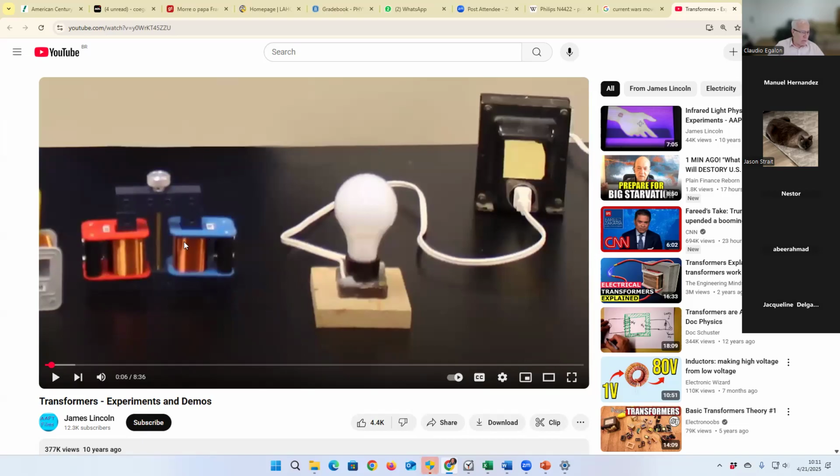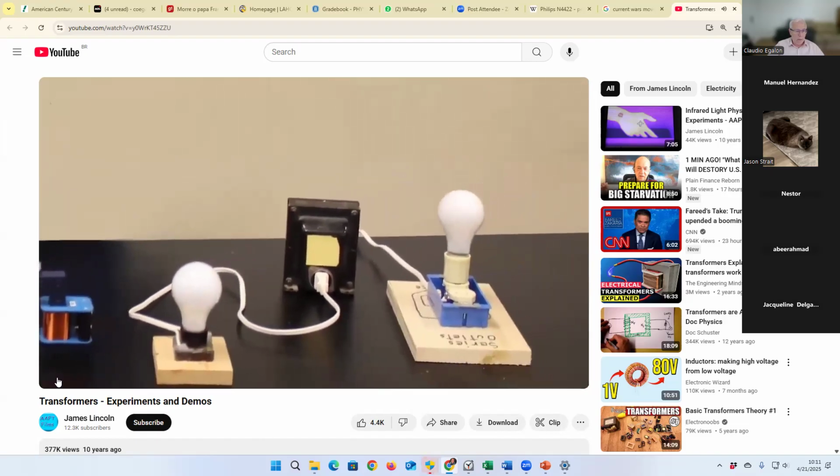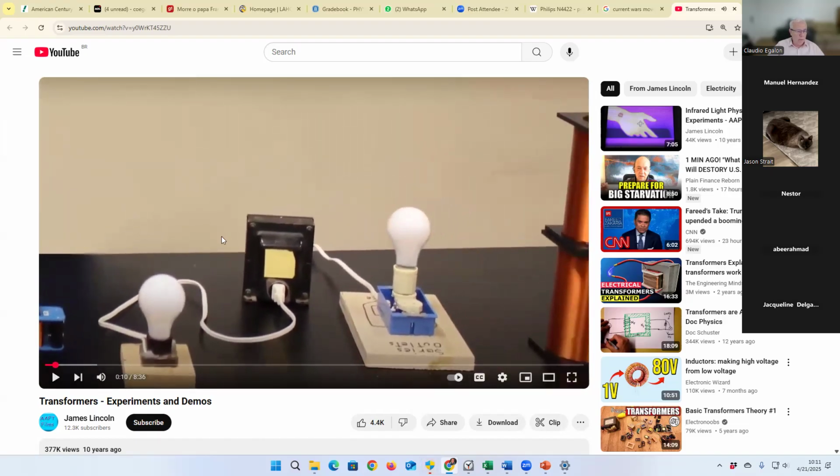And one solenoid has a different number of turns compared to the other one. And what you have right in here is the power source from the wall, which is AC current provided by a distant power station. And this guy here must be connected to a transformer to lower down or step down the voltage, otherwise it becomes too dangerous for us to handle the voltage.